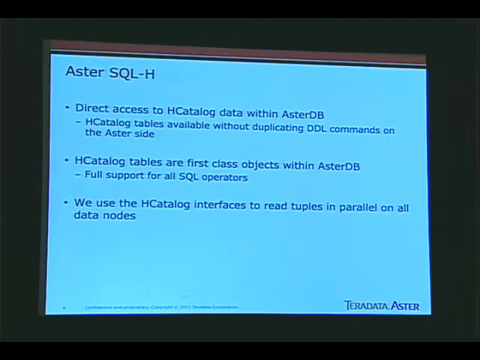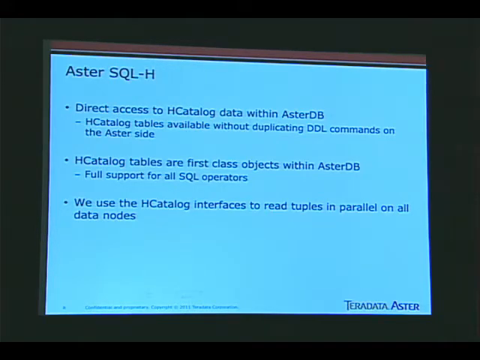So HCatalog tables are available without duplicating any DDL commands on the Aster side, which means from the Aster system, you can say, I want to grab table web logs from this HCatalog server, and Aster will query the HCatalog server via its REST API to figure out what that means and be able to access that data. HCatalog tables are first-class objects within AsterDB, which means anything you can do with a regular SQL table in Aster, you can do with the HCatalog table.